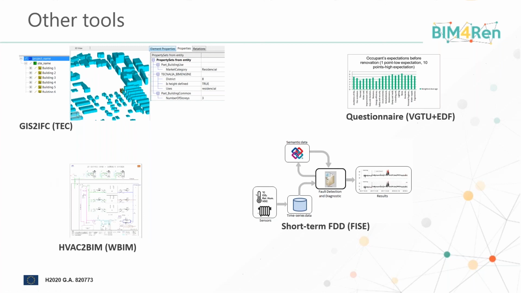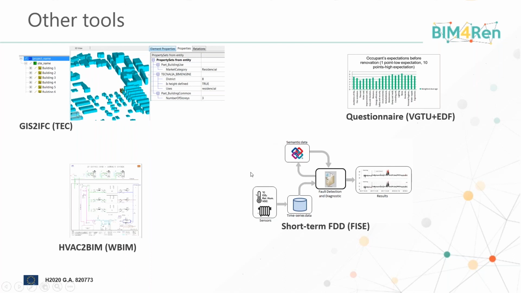So we saw the WiseBIM tool in the second webinar as a tool to get the 2D layout of a building, and from this 2D layout you could get an IFC geometric model. With this HVAC to BIM tool, you can do something quite similar, but on the HVAC network, and so recreate a MEP infrastructure of your building in an IFC format.